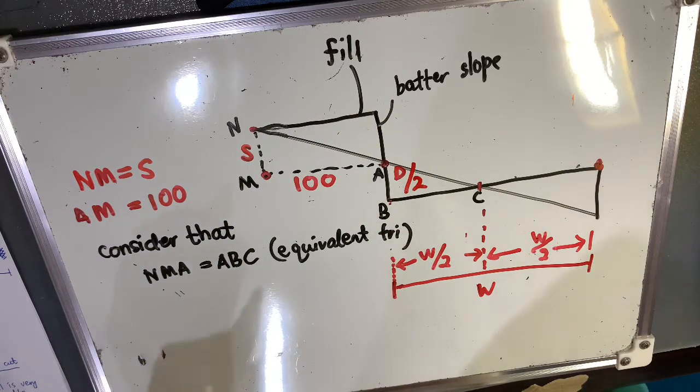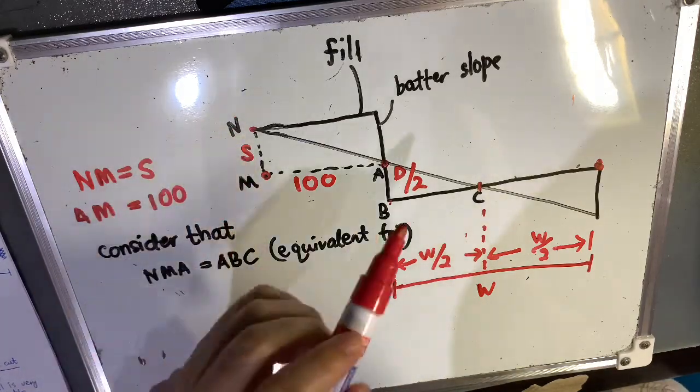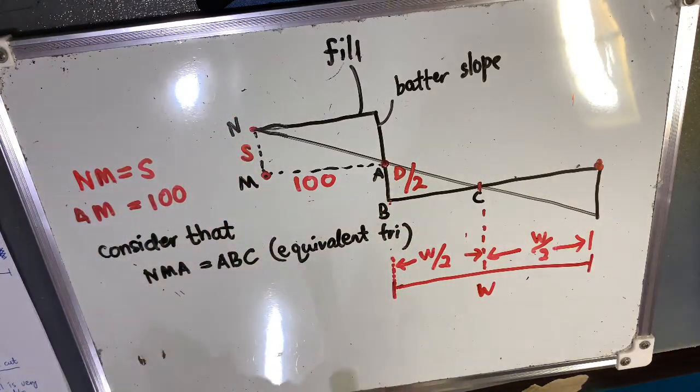For NM we call it S, but for AB we call it D over 2.